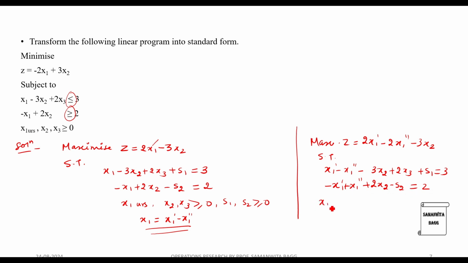And lastly, we will write down x1 dash, x1 double dash, x2, x3, s1 and s2, all are greater than or equal to 0. So this will be the conversion of a linear problem into a standard problem.